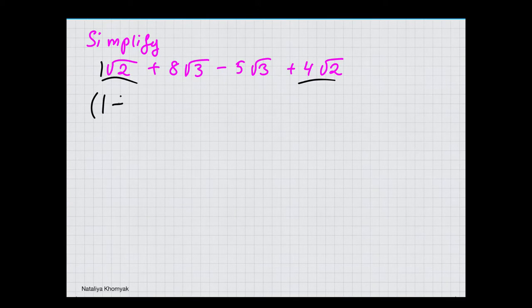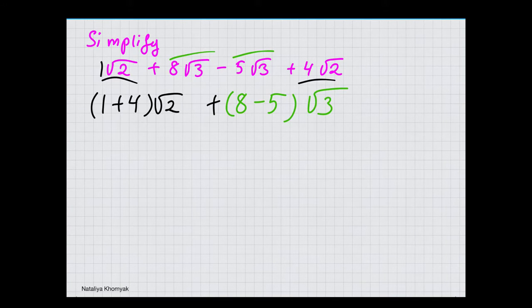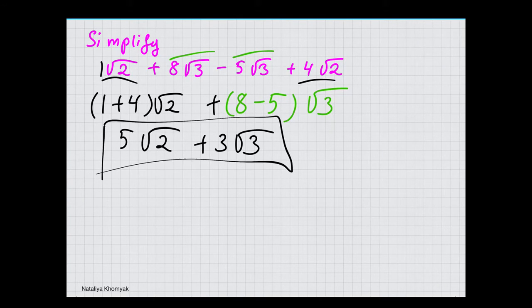So we have 1 plus 4 radical of 2, plus we have 8 square roots of 3 here, and we have negative 5 of square root of 3 over there. This will simplify into 5 radical of 2 plus the difference between 8 and 5, which is 3 radical of 3. And this is our solution.